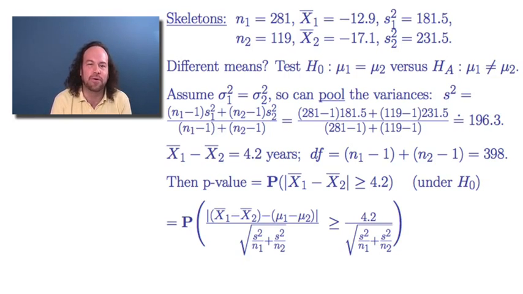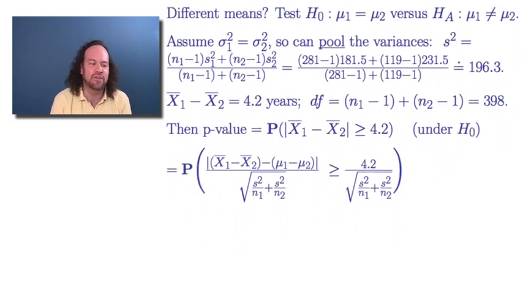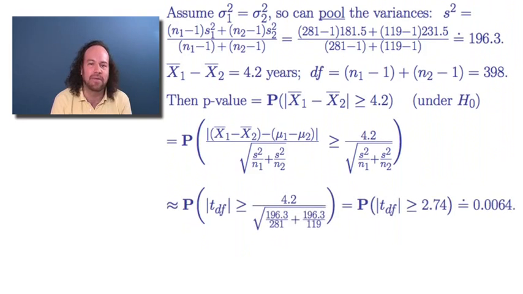But one difference now is that instead of using S1 squared and S2 squared, we're using this pooled value S squared everywhere. Then we can continue the calculation, and it's the same as the probability that a t-distribution with our new number of degrees of freedom, namely 398, is bigger than or equal to this number that works out to 2.74, and the probability of that works out to 0.0064.